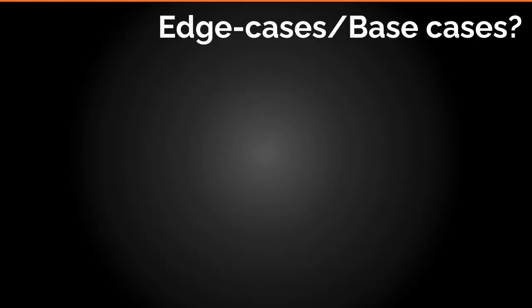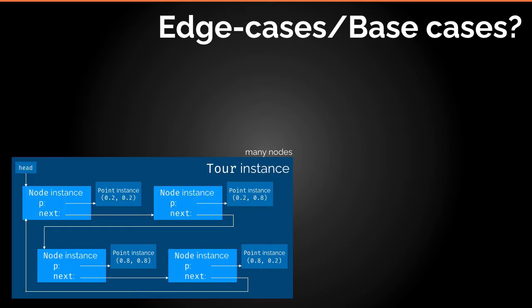Now I was telling you about what the whole point of the circular list is. The whole point of the circular list is to try to minimize the number or the difficulty of the edge cases or base cases or corner cases. Those are 3 words for the same thing. So let's go back to our circular list.